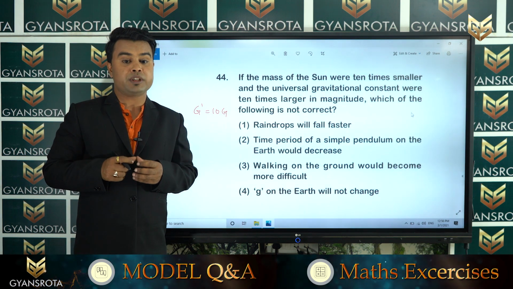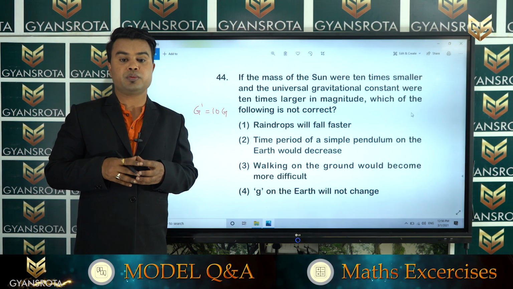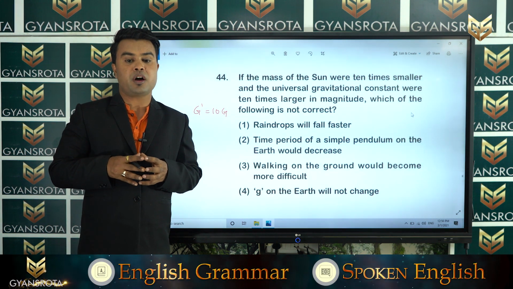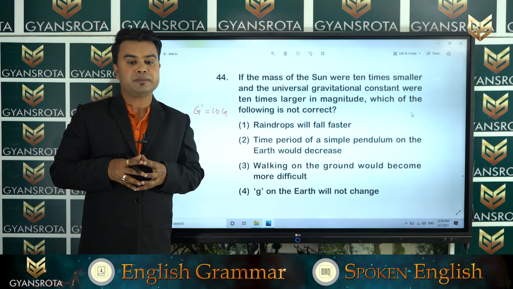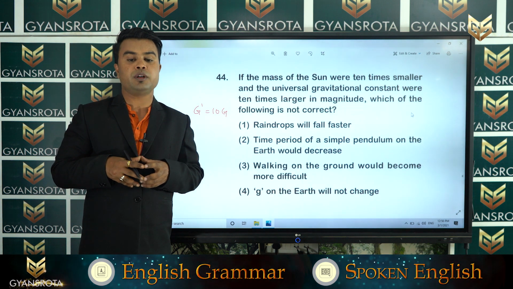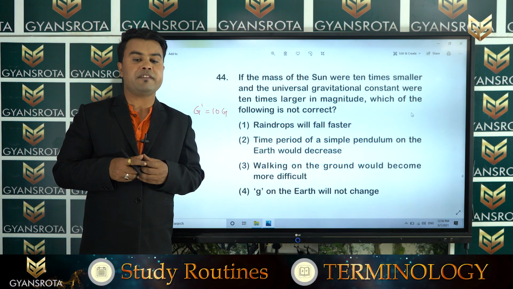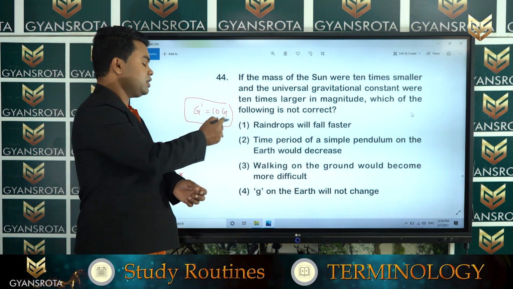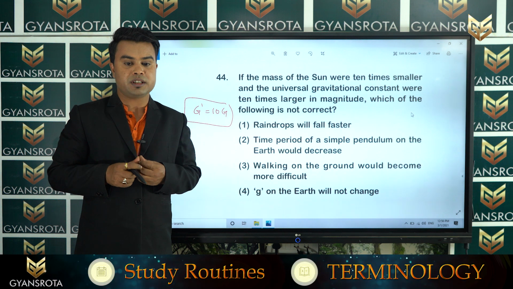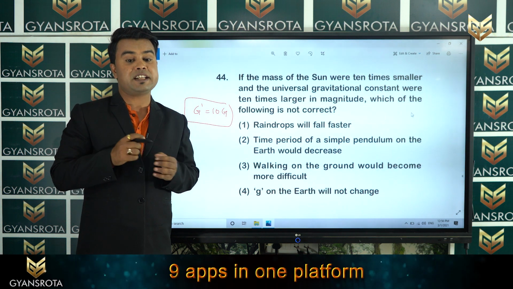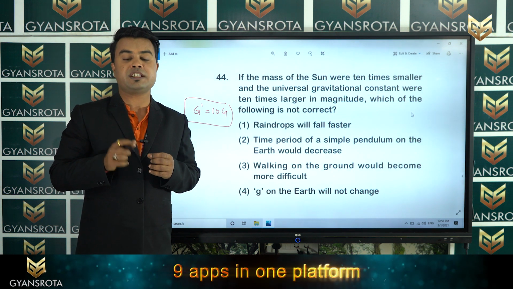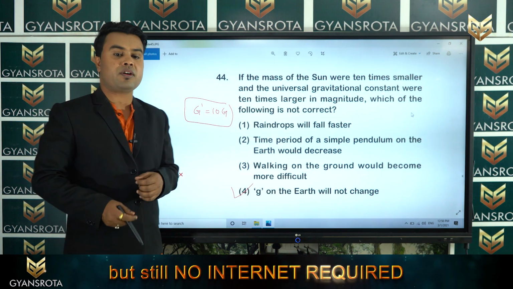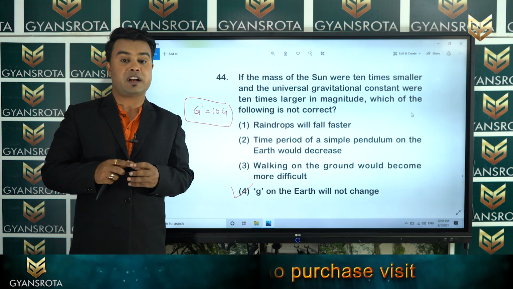Number 2, time period of the simple pendulum on the earth would decrease. This is also correct. Walking on ground would become more difficult. Correct. g on the earth will not change. Acceleration due to gravity will have to change because there is a variation of the universal gravitational constant. So small g, that is acceleration due to gravity on the earth, will not change, is the wrong option. So number 4 is the correct answer for this. This is from the chapter gravitation of class 11.